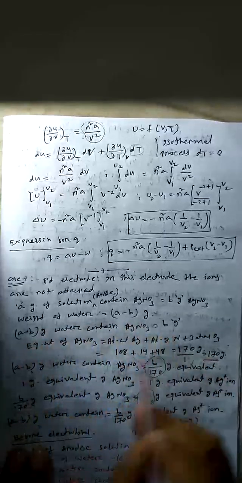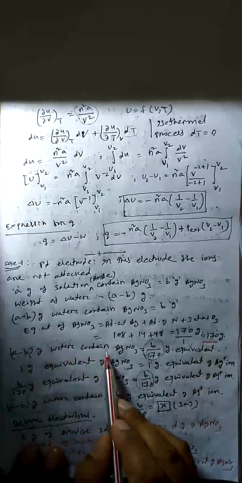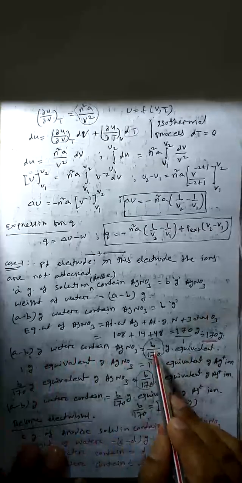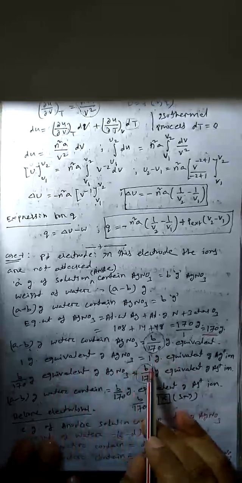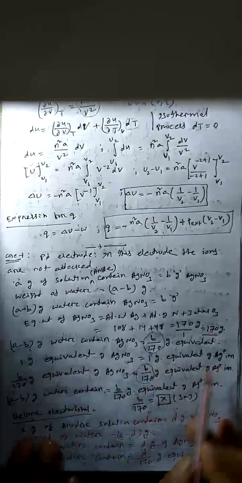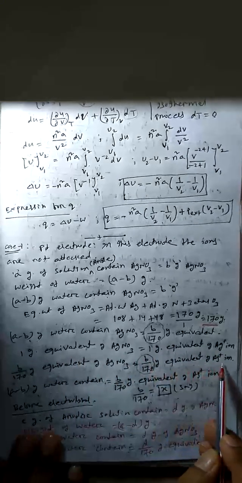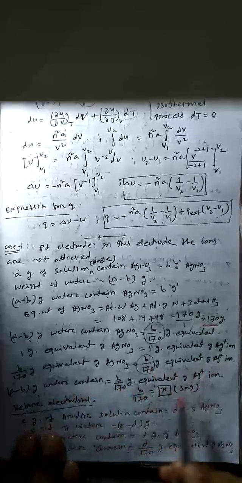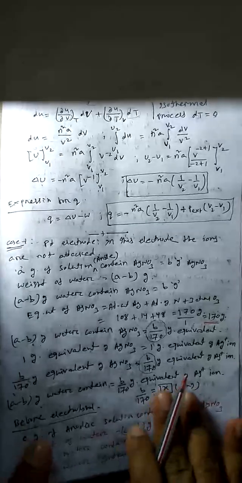The equivalent weight of silver nitrate is 170. Weight divided by equivalent weight is equal to gram equivalent. 1 gram equivalent of silver nitrate is equal to 1 gram equivalent of silver ion. So b gram of silver nitrate is equal to b by 170 gram equivalent of silver ion. The a minus b gram of water contains b by 170 gram equivalent silver ion, which is equal to X. Now it is called X. Here in this case also the same process.